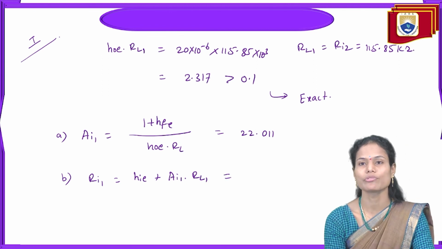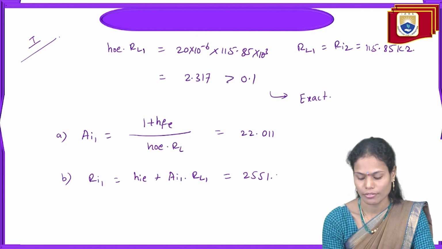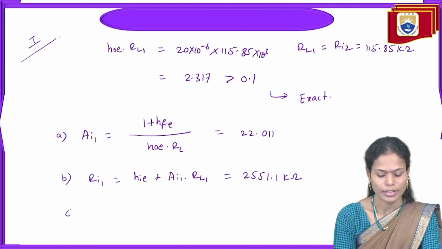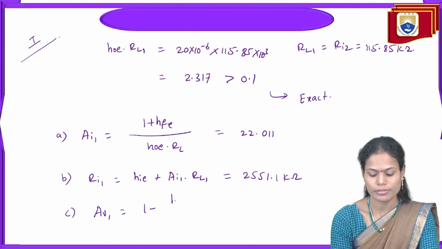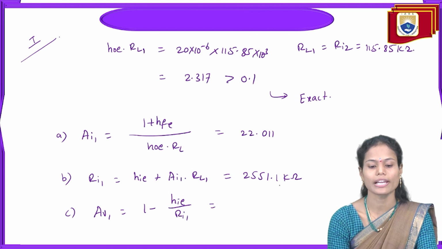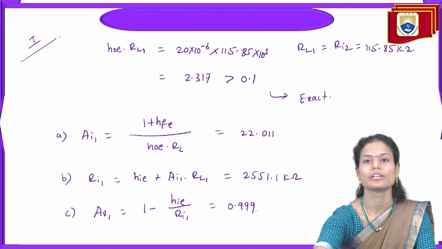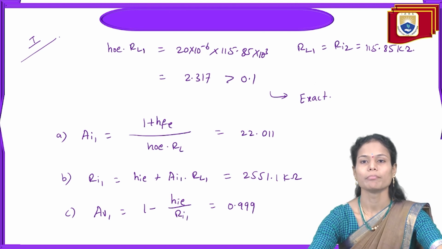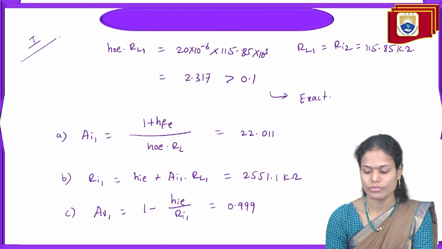If we substitute the values, we will get it as 2551.1 kilo ohms. And the voltage gain of the first stage is 1 minus HIE by RL1. After substituting the values, we will get it as 0.999. So this is the input impedance of the first stage. So these all are the parameters of the first stage here.